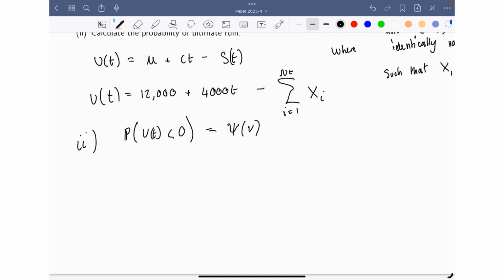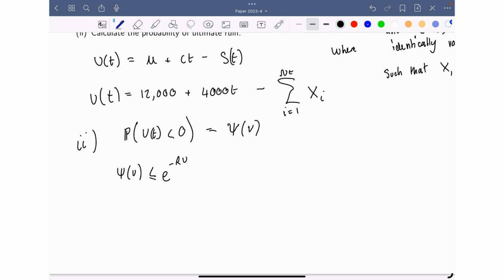I have no idea how to pronounce it, but we're going to use our premium loading factor rather than our usual inequality of this.